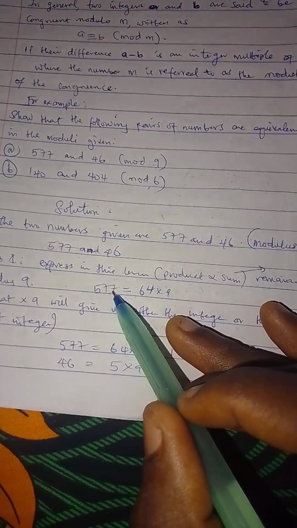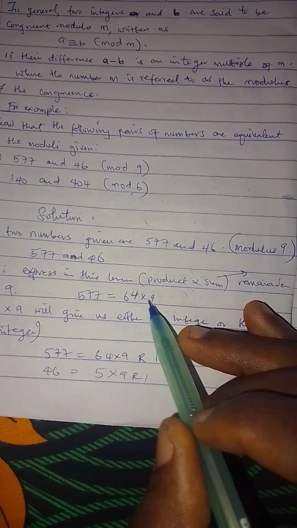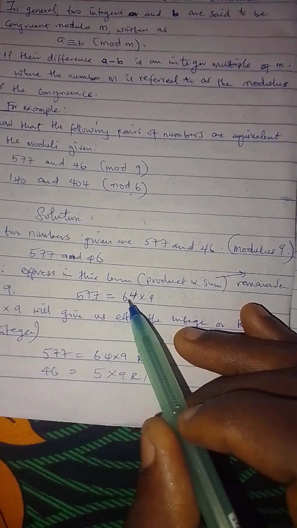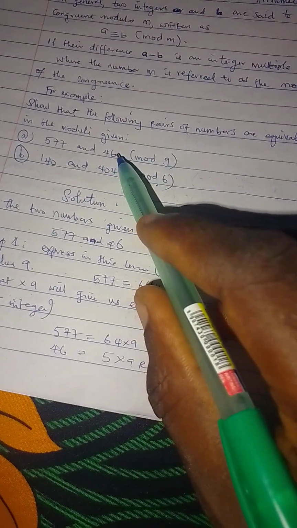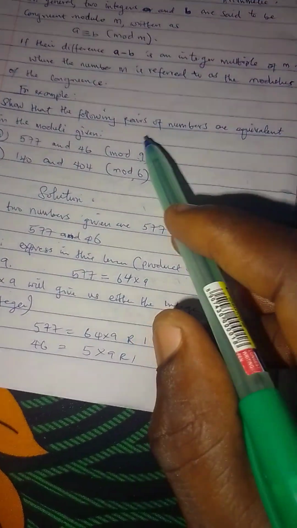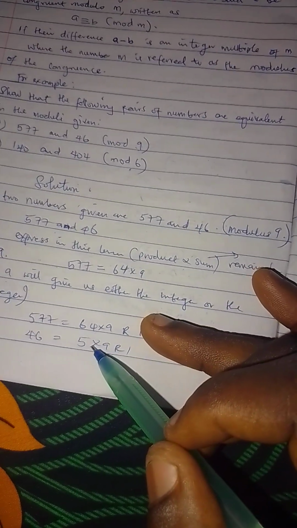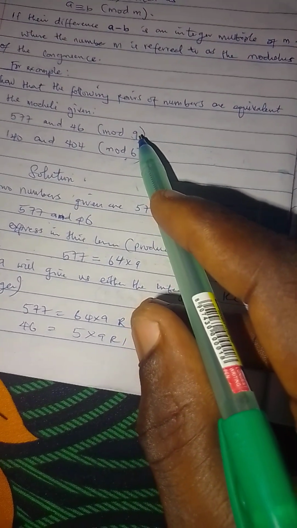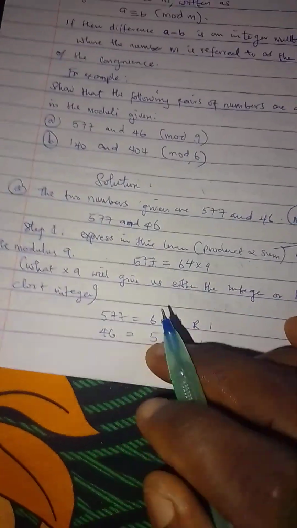When I tried using the multiplication table, I discovered that 64 is the closest. Now for the second number, 46, remember the modulus is 9. Look for a number that when you multiply by 9, you get a number very close.